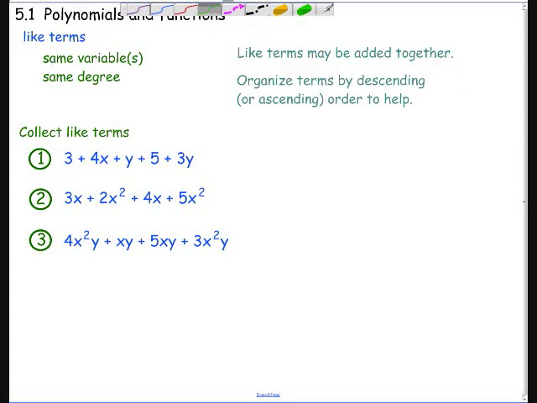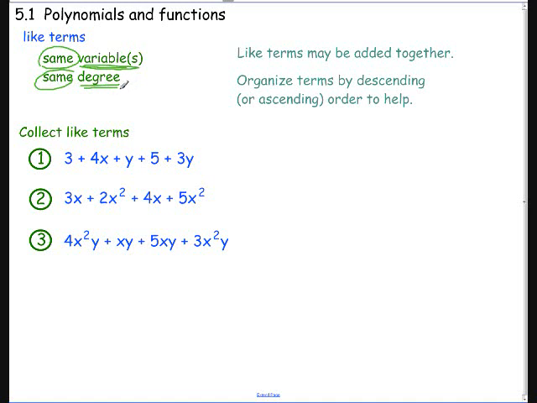Like terms. Like terms have exactly the same variables, and they have exactly the same degree. If terms differ in which variables they have, or suppose they have the same variables but the variables differ in degree, then they are not like.